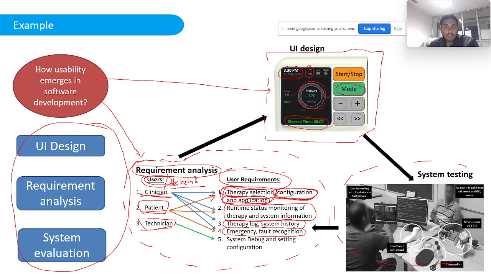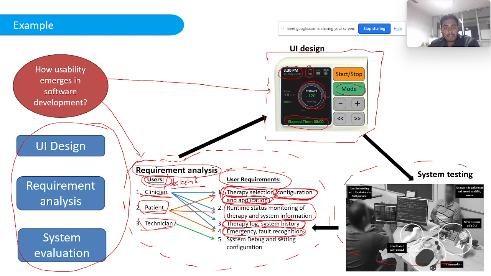This sort of information the patient should understand and be able to see. Similarly, runtime status monitoring, log information, and emergency all need to be monitored. For the patient, therapy log and history information are probably not important, so it is not his requirement.